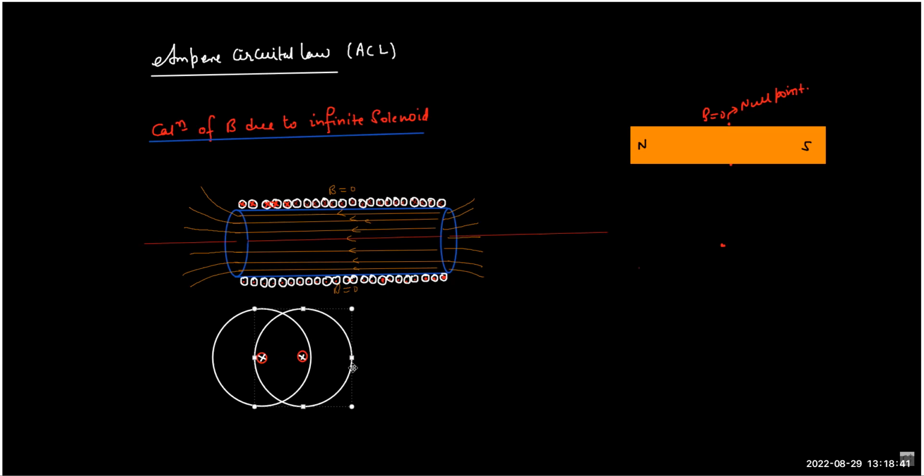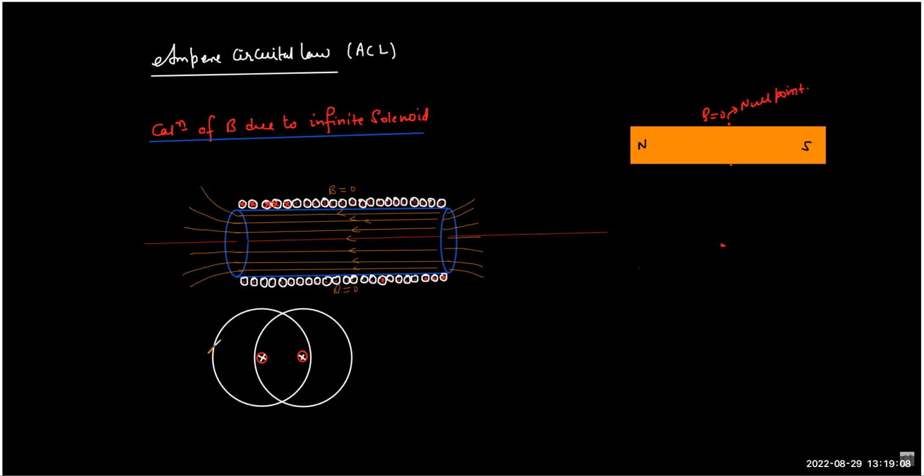So these are the two adjacent wires, and these are the two circles, or you can say field lines, which they make independently. Now, if I make the two wires very close, these two circles will almost overlap, isn't it? Yes, sir. That is something that you need to just remember.